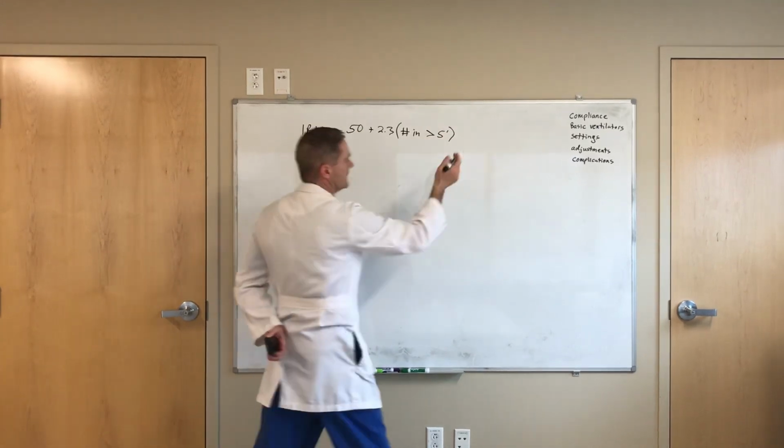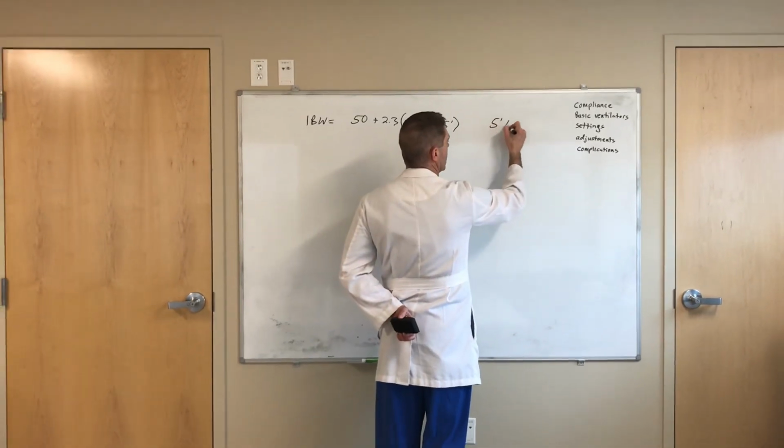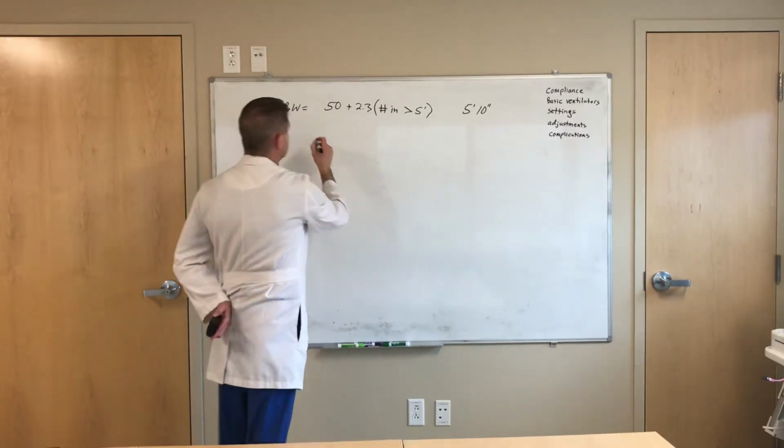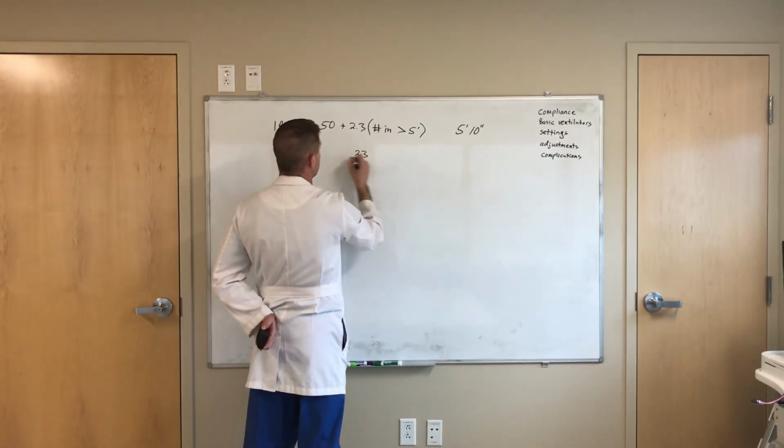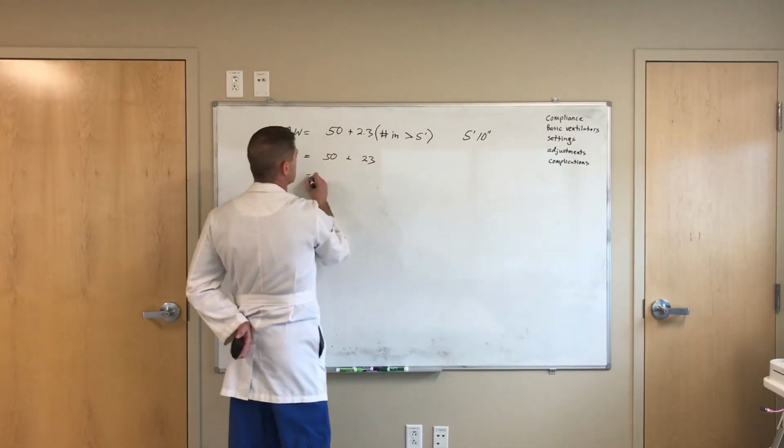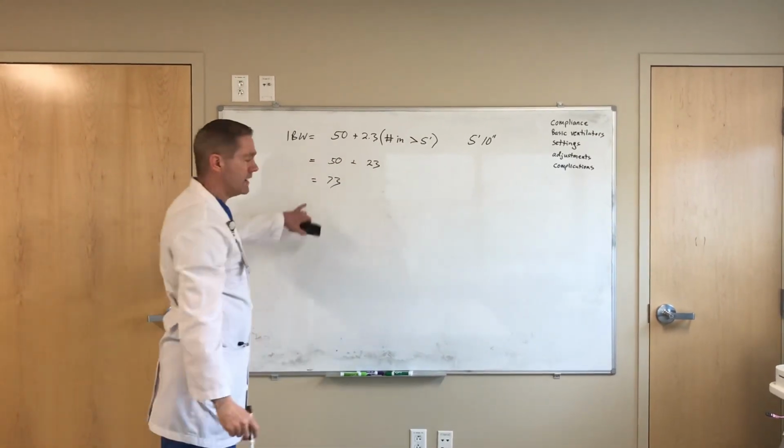So let's say I've got someone who's 5 feet 10 inches. My ideal body weight is going to be 2.3 times 10, or 23, plus 50, and that's going to give me a 73. That's our ideal body weight.